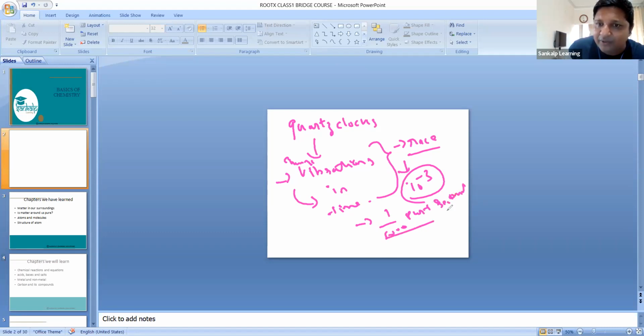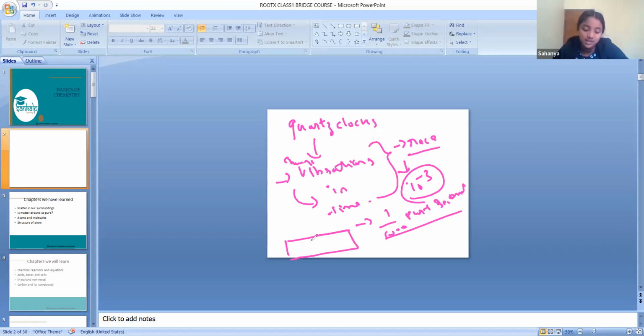See on the scale you are using, it is in terms of centimeters. To form 1 centimeter, how many smaller units are there? 10. Those are millimeters, smaller units compared to a centimeter.